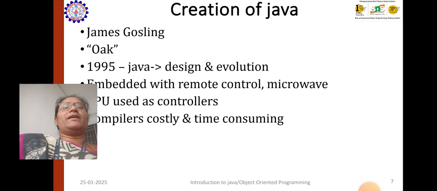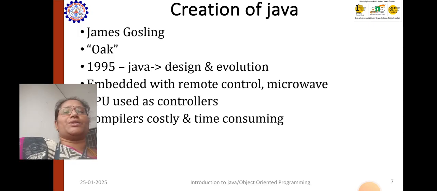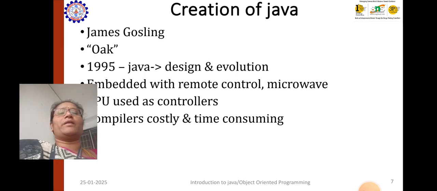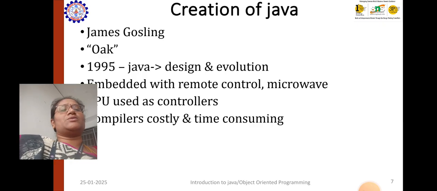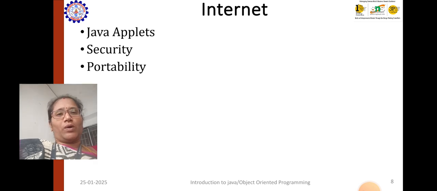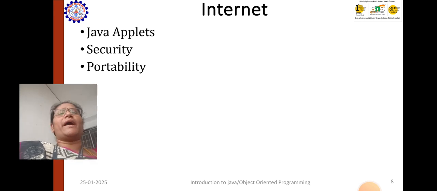Java was mainly used for design and evaluation, and it is used in networking, remote control, and microwave ovens. It is also used in controllers, where implementation is a costly and time-consuming process. On the internet, it is used in applets for communication purposes. It acts like an interface between one program and another, and it also provides high security.